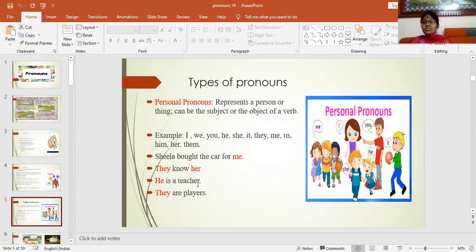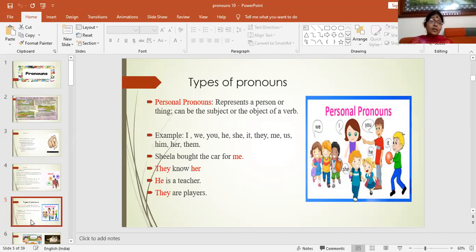He is a teacher. This is a pronoun. They are players. So, personal pronouns represent a person or thing that can be either subject or object of a verb. They are I, we, you, he, she, it, etc.